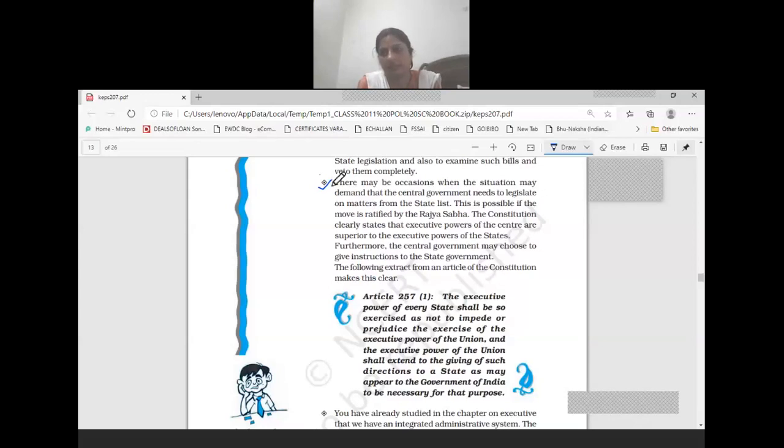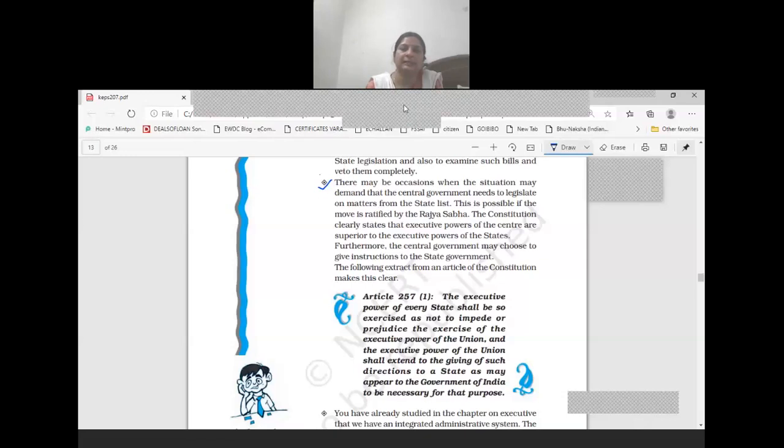Some matter or subject is listed in the state list in the constitution, but still there are some situations in which the central government can get the authority to make laws on the matters of the state list.